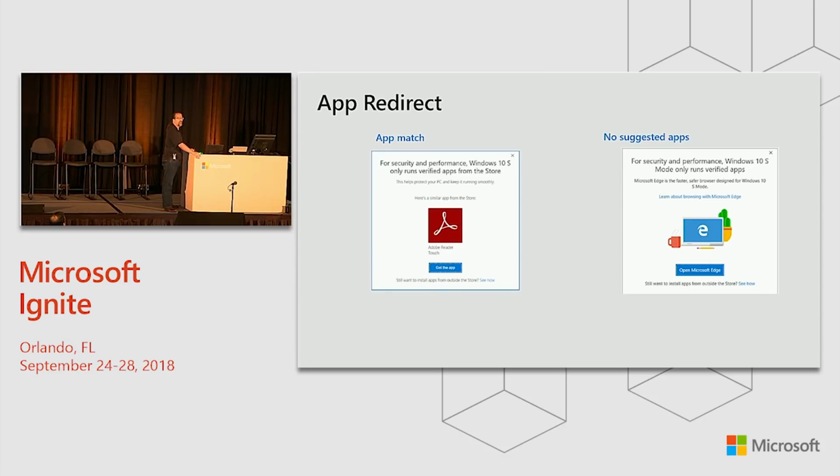But they're going to get a block with an app match, and the app match is basically going to tell them to use the version of Adobe Reader that comes from the Microsoft Store. If there are no suggested apps, you're going to get what used to look like this, but now also has a cute little doggy that comes up. Have you seen the cute little doggy? Go to my Twitter feed, you'll see the cute little doggy.